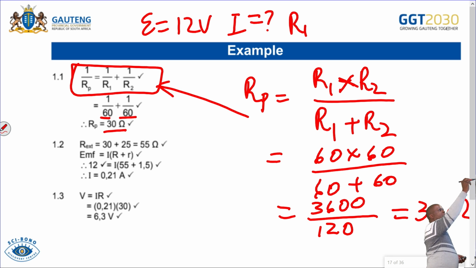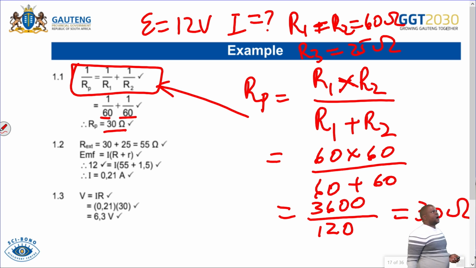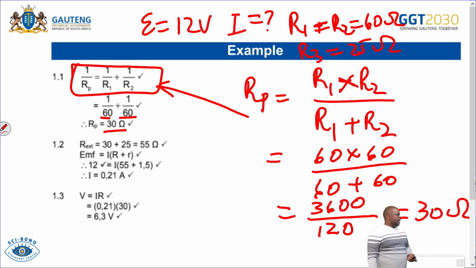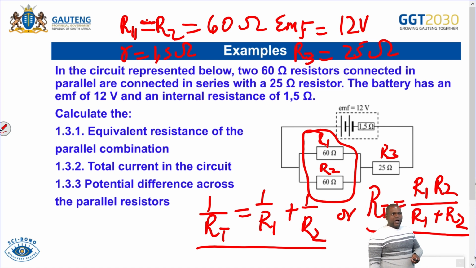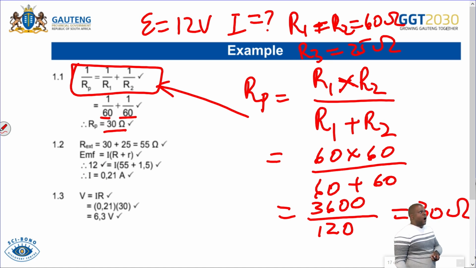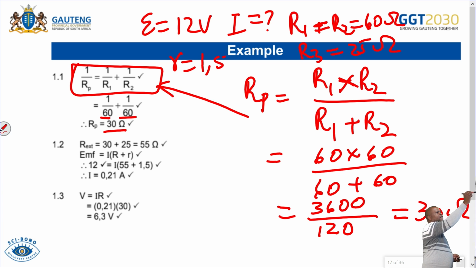Then R1 is equal to R2, which is equal to 60 ohm, and we have R3 which is equal to 25 ohms. Are we together? Yes. And then we have everything except the internal resistance. Let's check how much our internal resistance is. They said it is 1,5. We say r is equal to 1,5.